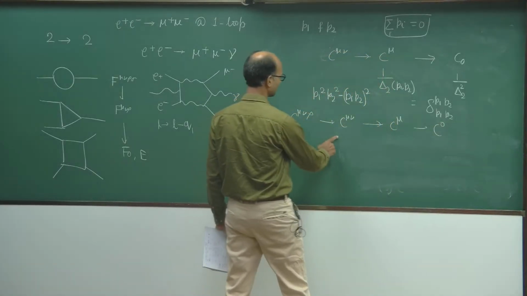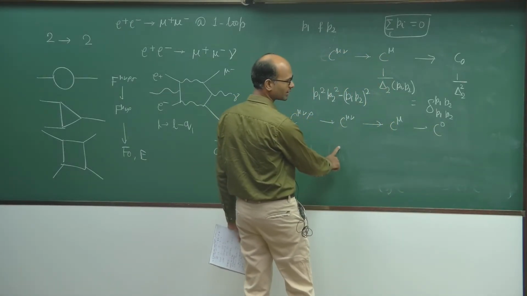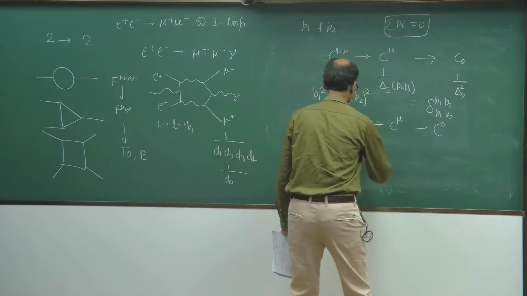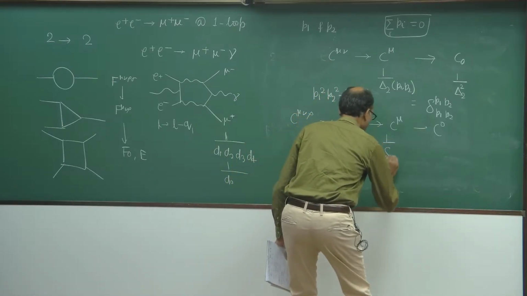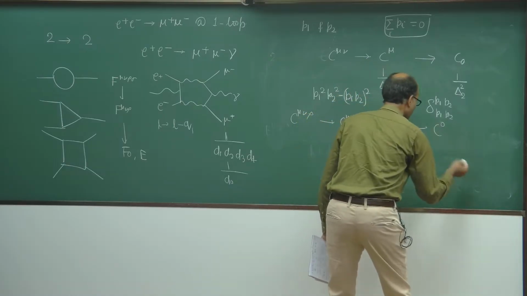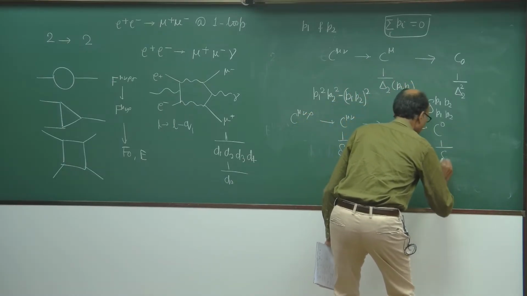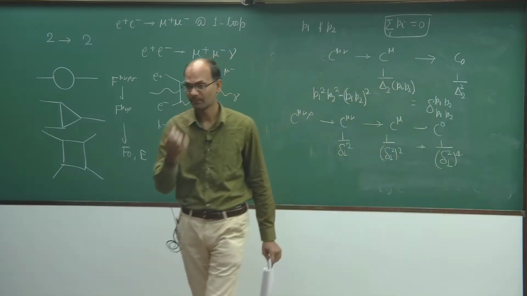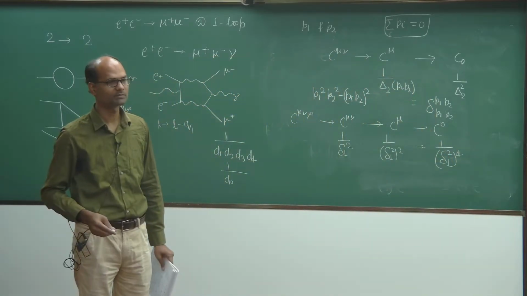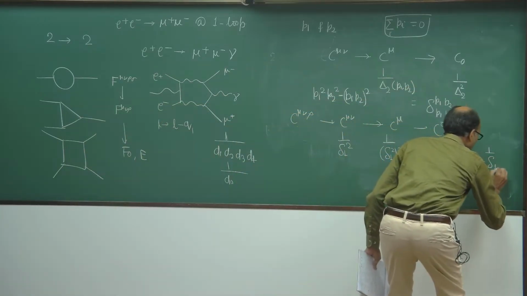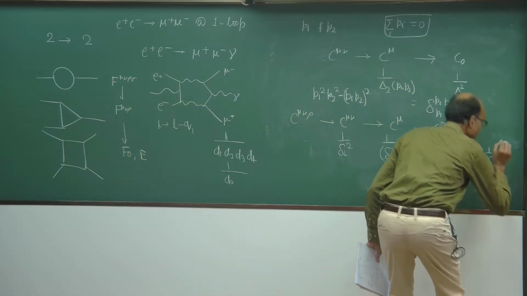At this step, I have introduced one Kronecker delta, therefore 1 over delta perpendicular squared. At this stage, another 1 over delta perpendicular squared whole squared. At this stage, another Kronecker delta, and therefore 1 over delta perpendicular squared to the power 4. Or naively, 1 over delta perpendicular to the power 6.